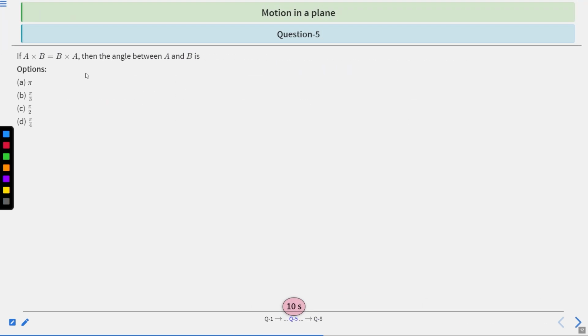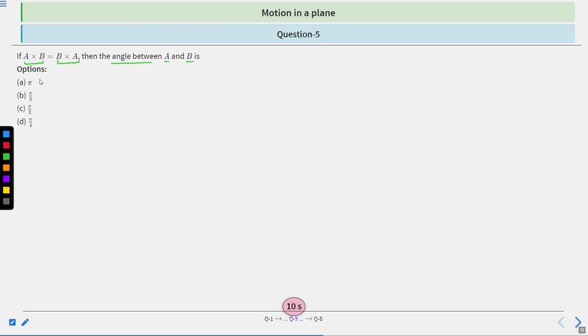Fifth question. If A cross B is equal to B cross A. This is an identity question, so you have to learn all the identities. According to the question, A cross B equal to B cross A, then find the angle between A and B. What is the angle?